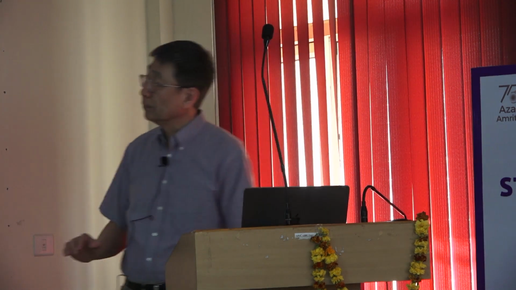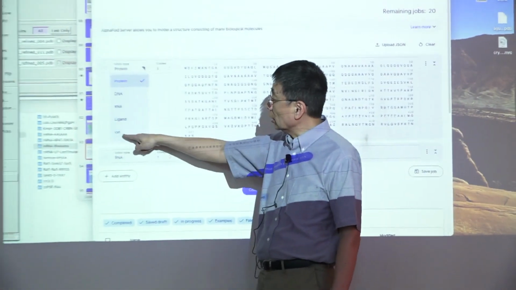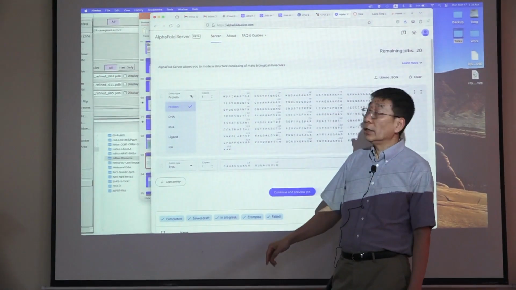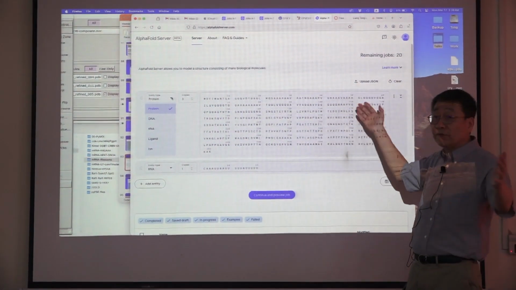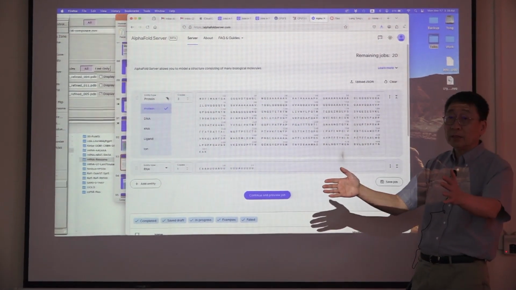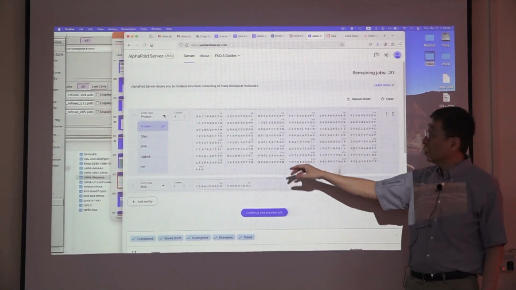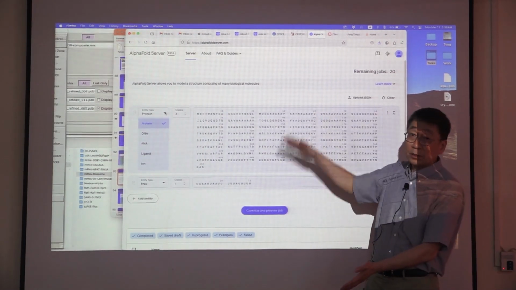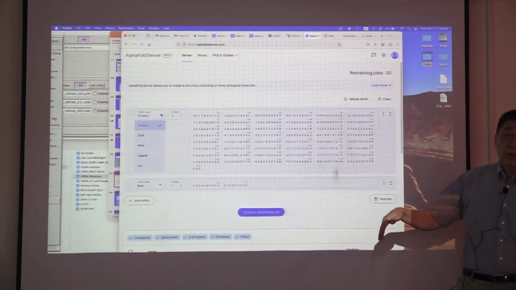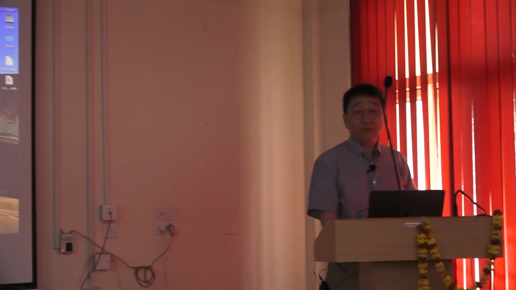You can tell it whether it's protein, DNA, RNA, ligand, ion. And if it's protein, just give it the protein sequence. It doesn't have to be the full length. It could be a domain, or a smaller piece. And that's all you put in. You can also put in the RNA sequence, or mixtures, everything. And when you're ready, just say go, and then it will calculate for you.